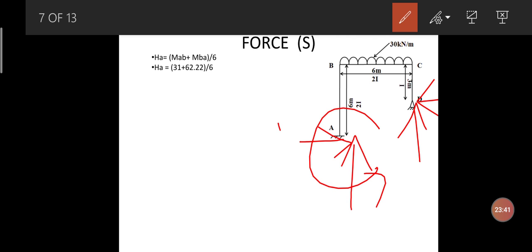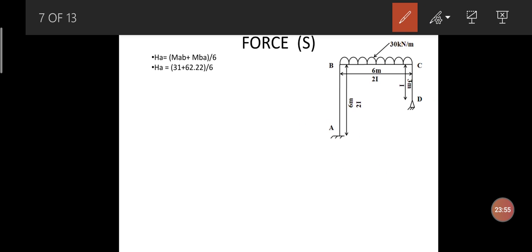If I just consider this, I need to calculate the horizontal forces here first. So I need to calculate the horizontal force at A, that is HA. If I take the AB span, there are two moments at the AB span which have been calculated by using the non-sway analysis, MAB and MBA. So HA will be equal to MAB plus MBA divided by 6.